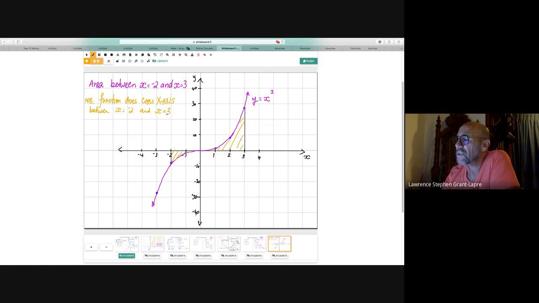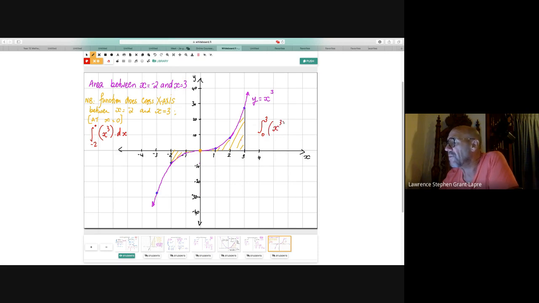So it crosses at x equals 0. So to use our definite integral, what we have to do is break this up into two areas. We've got to go from -2 to 0 of our function, and from 0 to 3 of our function.